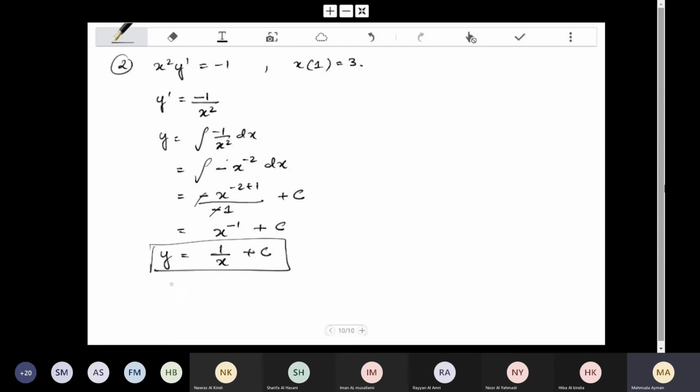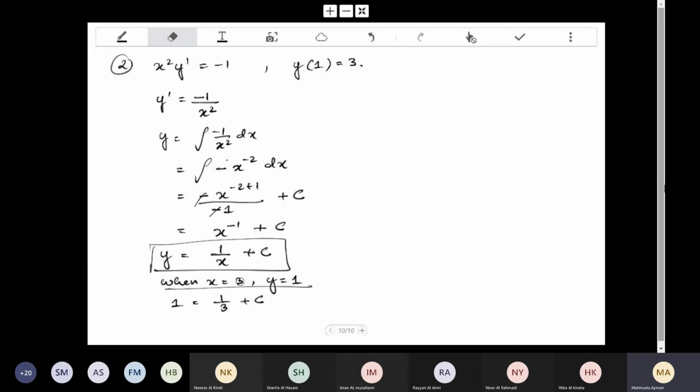Now we are given an initial condition. Okay, I'm making a mistake here.